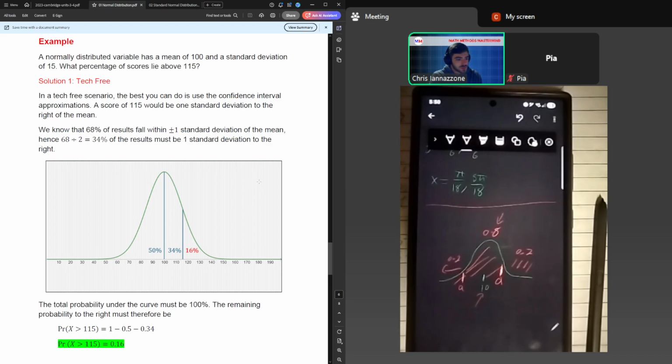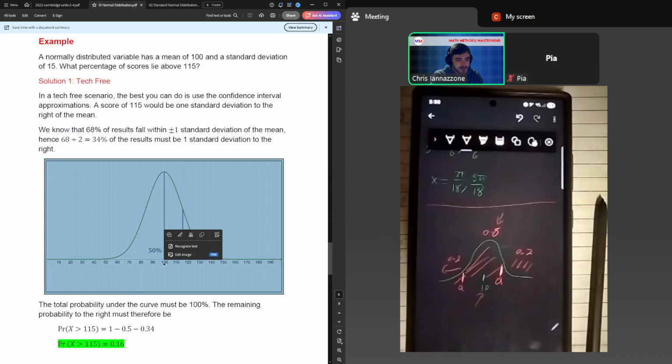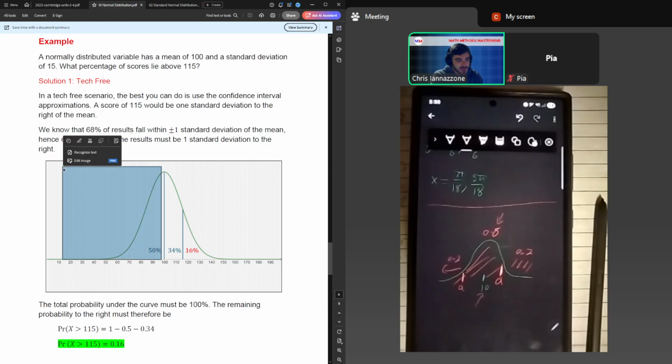So what can we do from there? Well, I would first say 50% of my area is to the left of this mean and 50% is to the right. So I can say off the bat that 50% is all of this stuff. The next thing I can say is that 68% of the results are going to be between plus or minus 1 standard deviation of the mean.